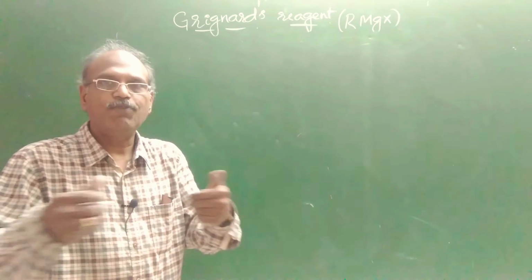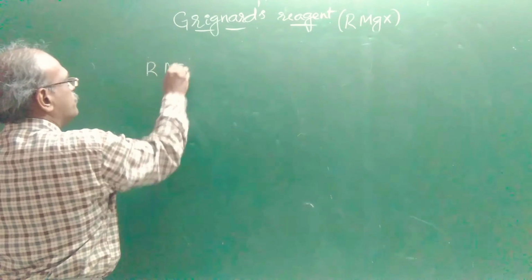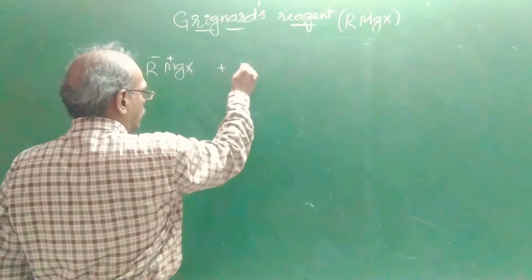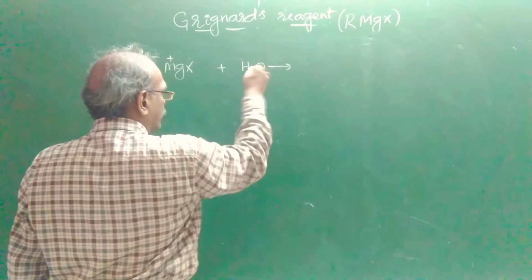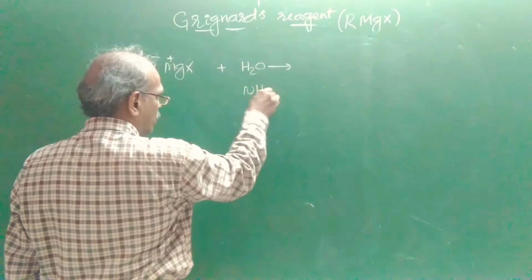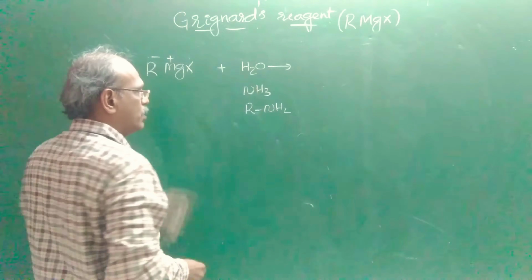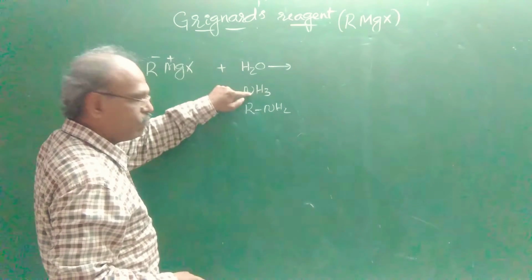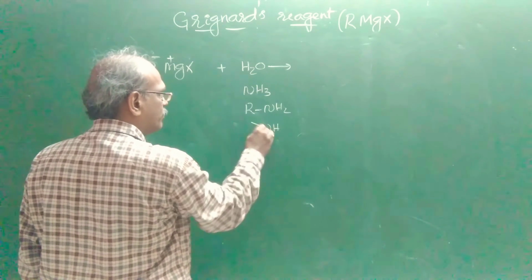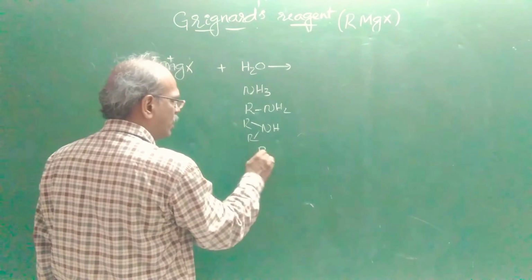towards different functional groups. For example, RMgX with water, which can give up H plus, or with NH3, or primary amines. Here ammonia, like water, has self-ionization possible. Or secondary amines, where still a hydrogen is there, or carboxylic acids.